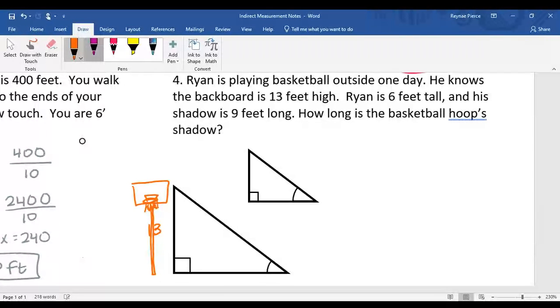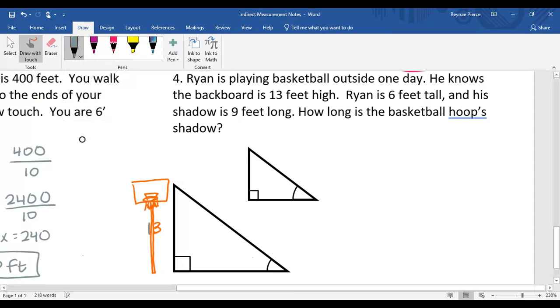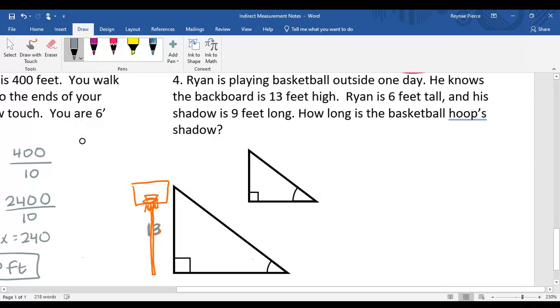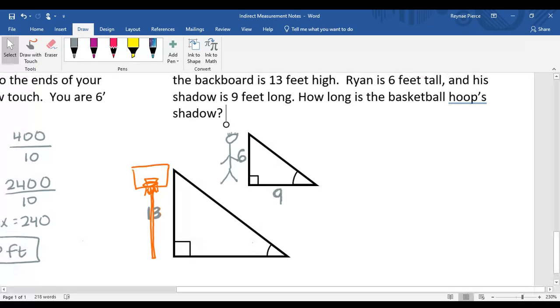Let me use a different color to write that height. So we know that's 13 feet high. Ryan here is 6 feet tall, and his shadow is 9 feet long. How long is the basketball hoop's shadow?